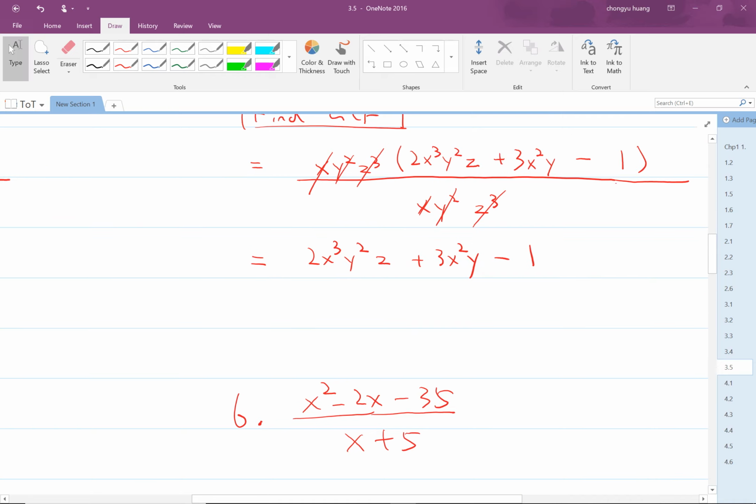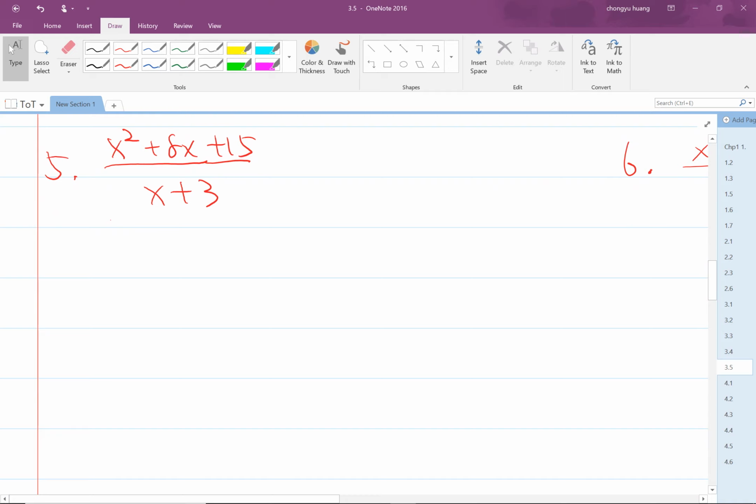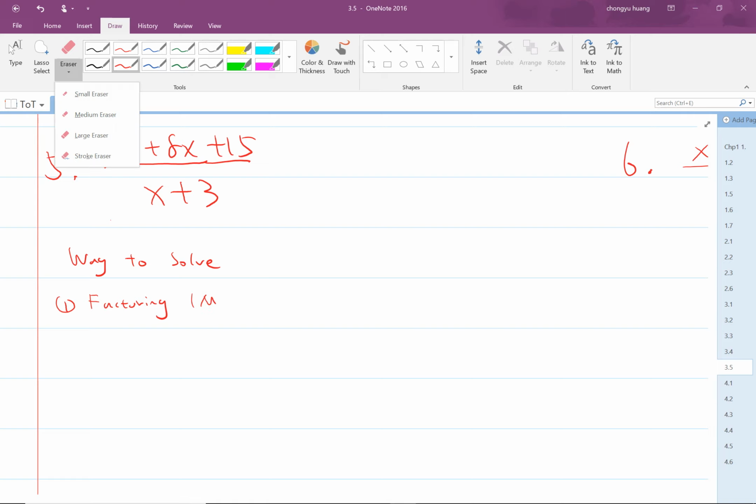Okay, so let's move to question 5. For question 5, since we haven't talked about anything about factoring currently, the way to solve this, one way is factoring, and it is the fast way.